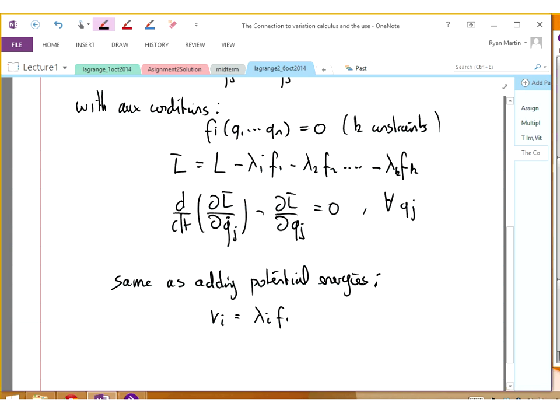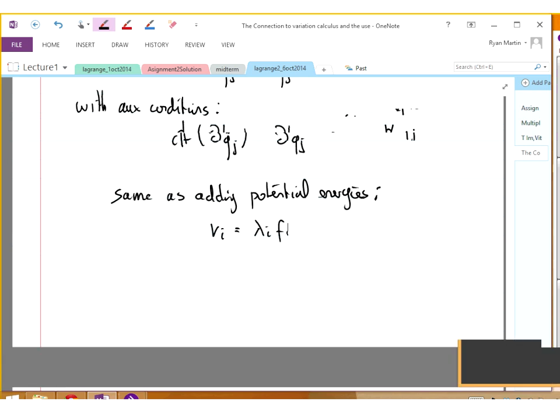So what I've done is I've taken the Lagrangian L and subtracted the minus lambda 1 F1. That's like subtracting, if I call lambda 1 F1 V1, right? So these lambda Fs, mathematically at least, look just like potentials.